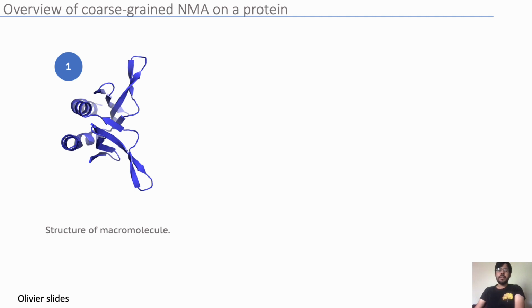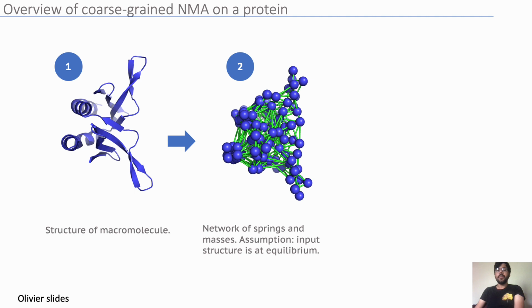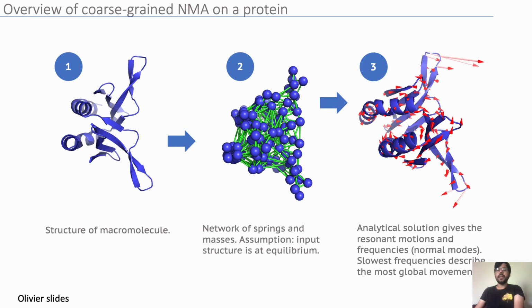In normal mode analysis, we represent our protein as an elastic model, where each mass in this elastic model is an amino acid of the protein, and the springs that connect these masses represent the intra-amino acid forces. From this elastic model, we can calculate the normal modes.